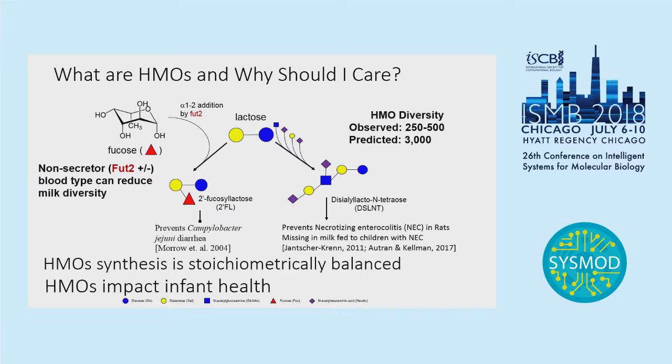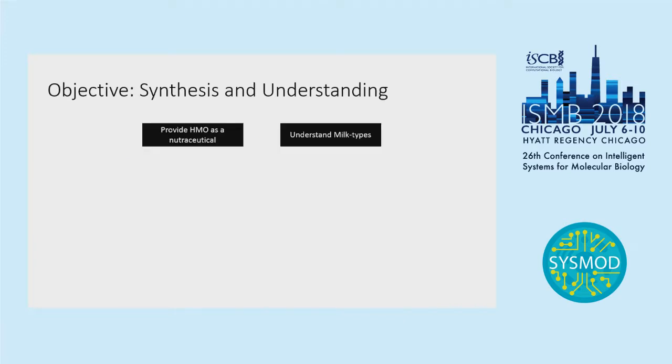Non-secretor blood type, since it uses the same glycosyltransferases to build the blood sugars, the sugars that define blood types, can also reduce the diversity of milk sugars, which can have a health implication, theoretically, not only theoretically, but in practice as well, as we see in the 15% increase in mortality in the NICU from children fed with non-secretor breast milk. So, in this project, I'm going to speed up a little bit because I'm running out of time.